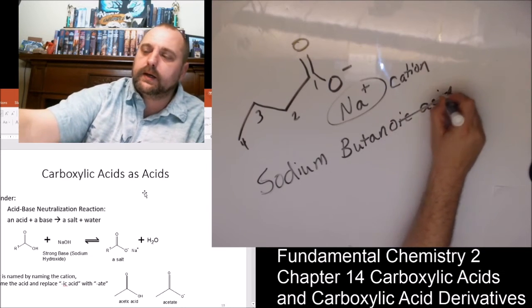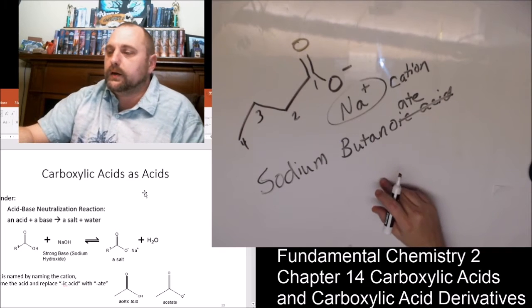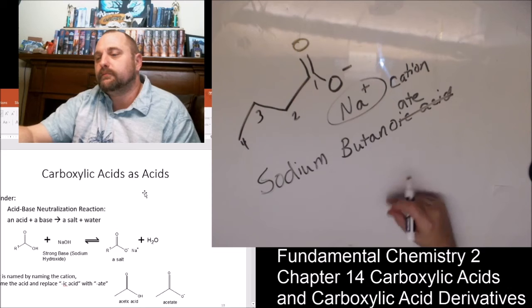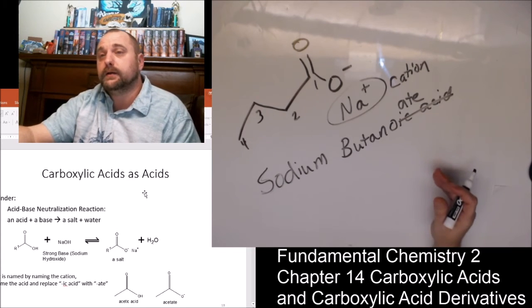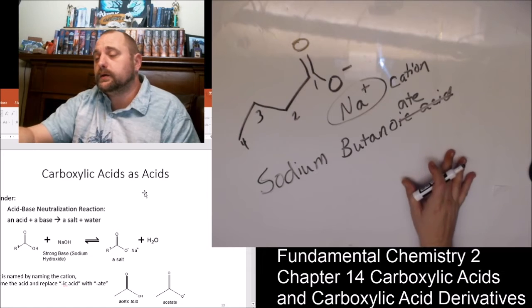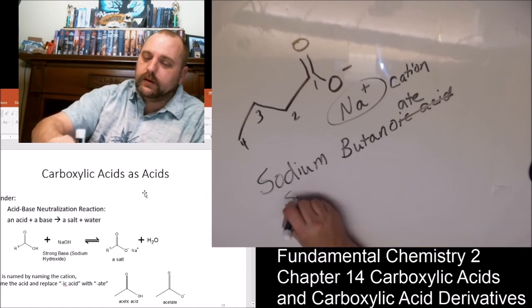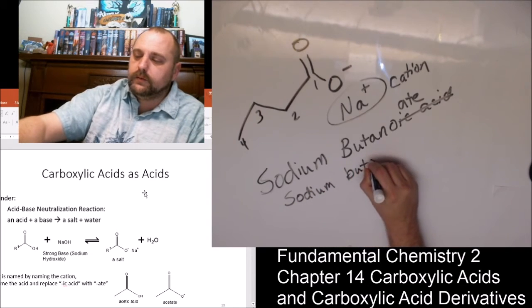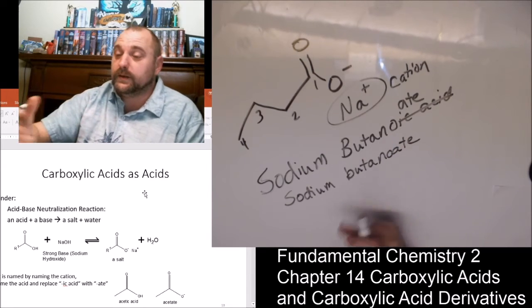Now I'm going to drop the ic acid and put ate. This idea of naming the acid and modifying it is just a next step from naming the alkane and modifying it. And so we will do this quite often. So this one, sodium butanoate, is the name of this salt.